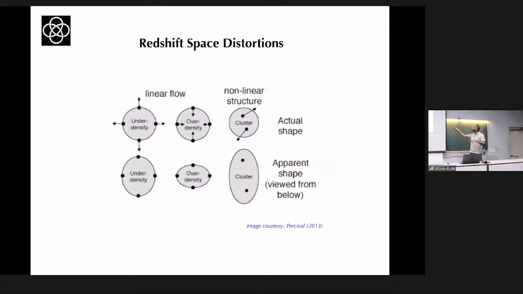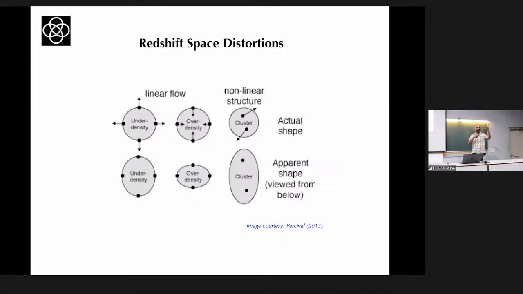I am now looking at the object from this side, my line of sight is this way. What will I infer? For this object, I will see the effect of an infalling motion. So I will take the actual cosmic redshift and subtract something from it, because this infalling motion will be a blueshift. So I will subtract some distance.